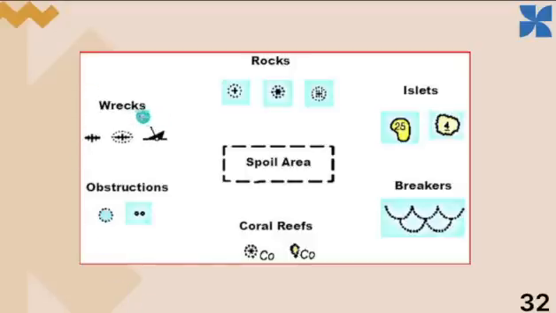showing a sample of images or symbols for rocks, islets, breakers, coral reefs, obstructions, spoil.